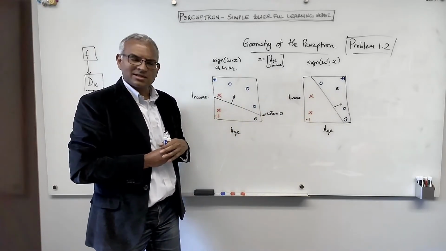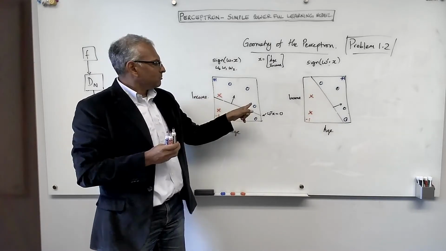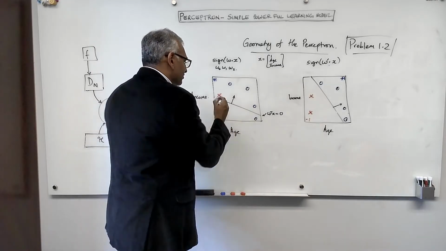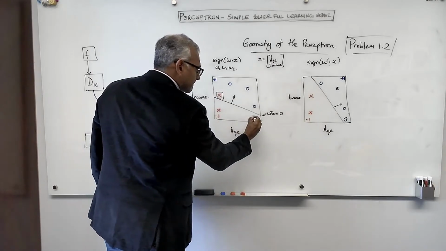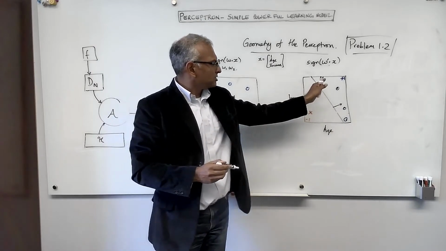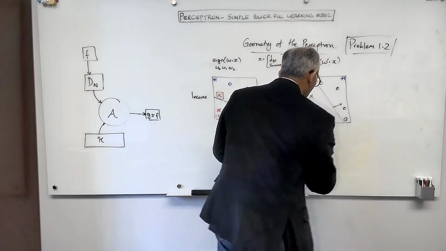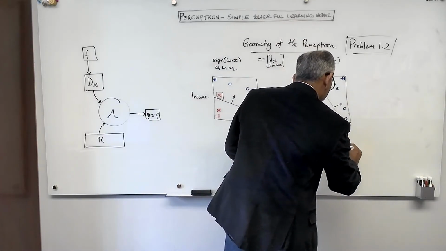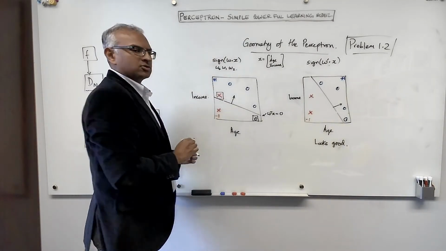What you're saying is that, look, this hypothesis said blue for all these points and red for these 2 points. So it disagrees with this guy and this guy. Whereas this guy said red for these 2 points and blue for those points, so it agrees with all the data. So this guy looks good. This guy looks bad. In particular, there are 2 data points on which it looks bad.